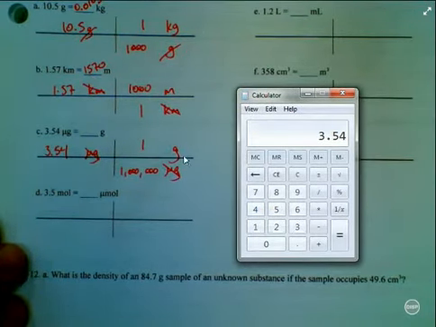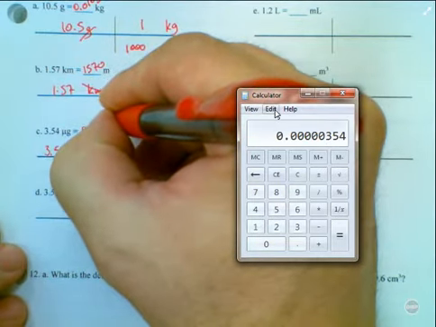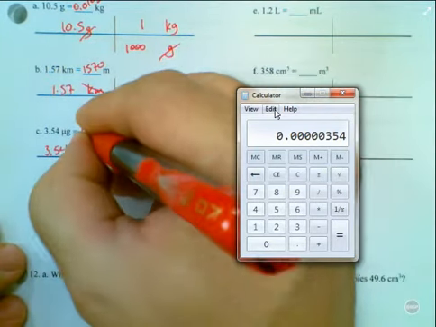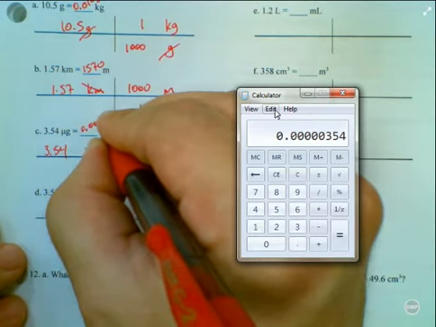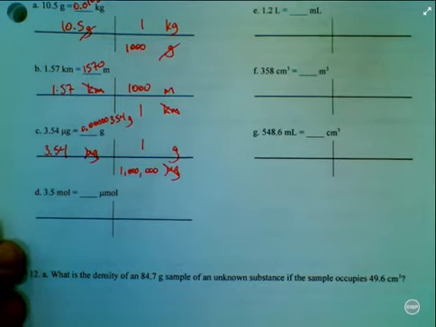And again, 3.54 times 1, equals, and I'm going to divide by 1 with 6 zeros. I'm going to come up with 5 zeros before I hit the 3.54. So 0.0000354 grams. Calculator off to the side.